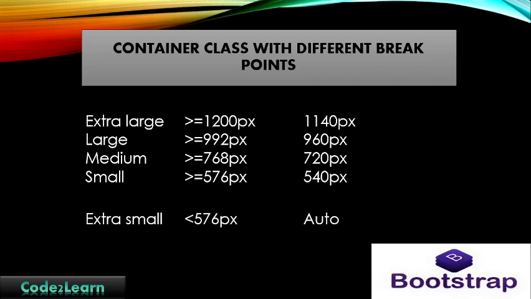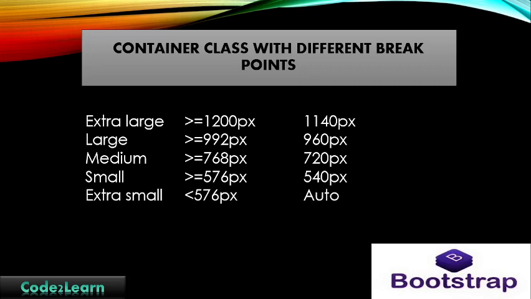And for the extra small scale, it is less than 576 pixel and the container class uses auto. That means its size is auto, whatever the screen size, it gets fitted according to the screen size for small screens like phones and cell phones.